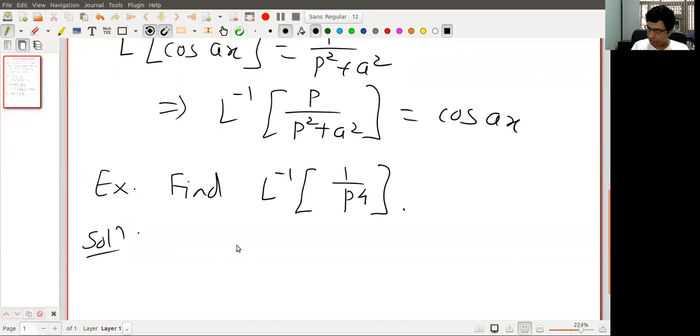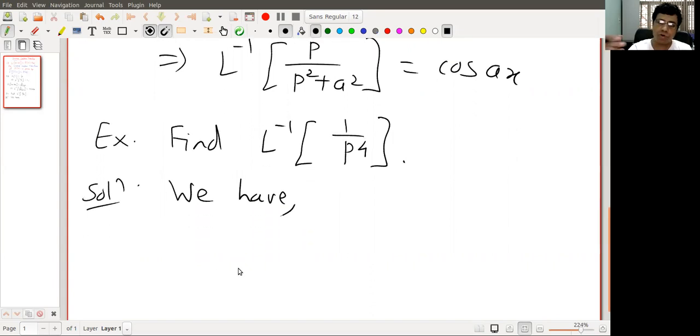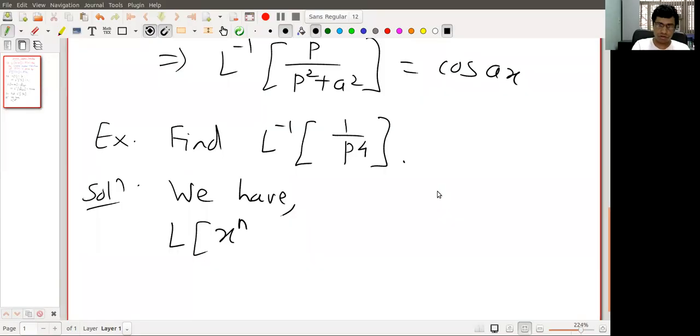Here there is a similar kind of thing: Laplace transform of x raised to n is n factorial upon p raised to n plus 1.